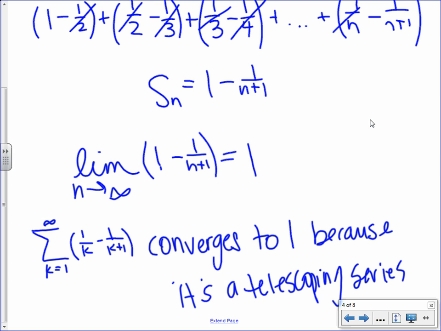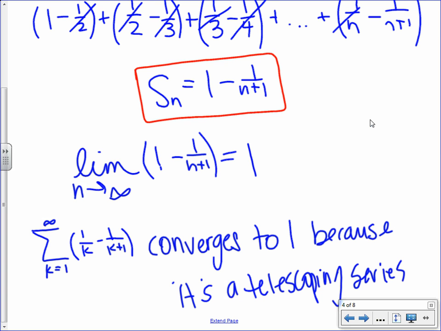Now the telescoping series is one of very few that we can actually write what the sum is to take the limit. It's not going to happen very often. It's something that you need to keep in mind, but not something that's going to happen very often.